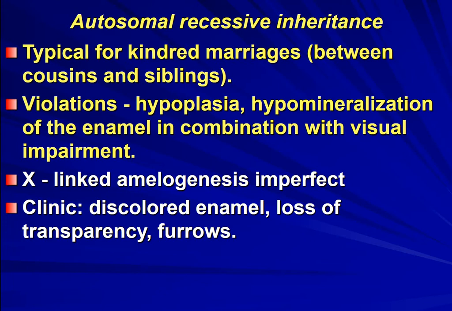Autosomal recessive inheritance. Typical for kindred marriages between cousins and siblings. Violations: hypoplasia, hypomineralization of enamel in combination with visual impairment.